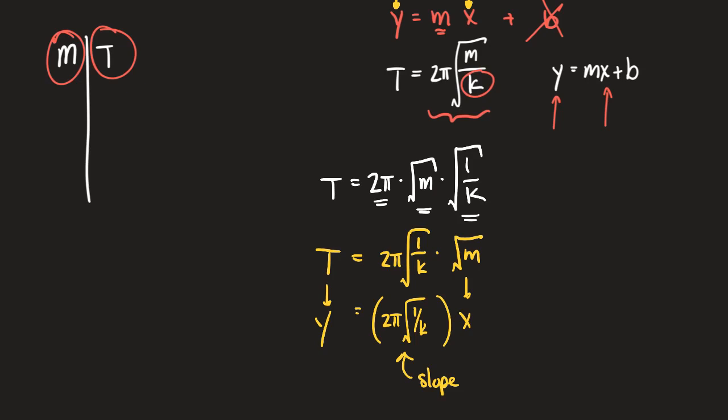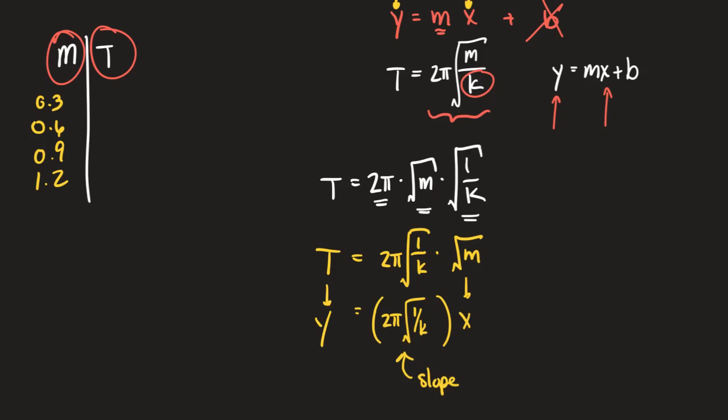It looks to me like I want to plot period on the y-axis and square root of mass on the x-axis. I could do the reverse of that too. It doesn't matter as long as it's period versus square root of m. Which means, of course, you have to take 0.3, 0.6, 0.9, and 1.2 and find their square root.